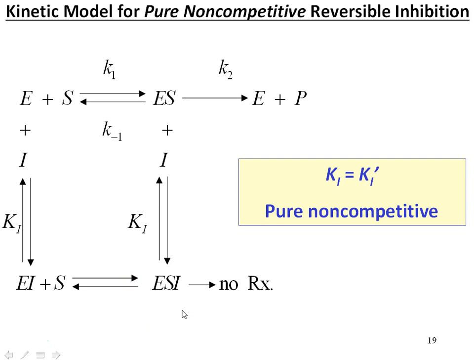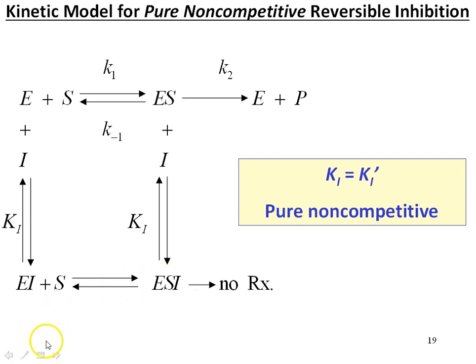So in pure non-competitive inhibition, Ki and Ki prime, the dissociation constants of these complexes, are exactly identical. In other words, the dissociation constant of the enzyme inhibitor complex is equal to the dissociation constant of the enzyme substrate inhibitor complex. In simple English terms, this means the following.